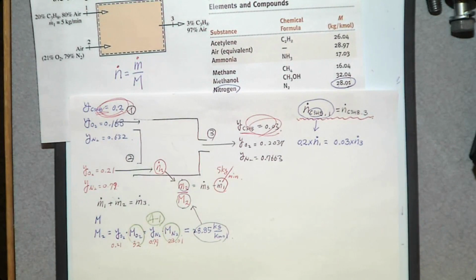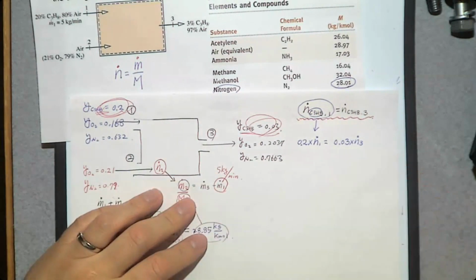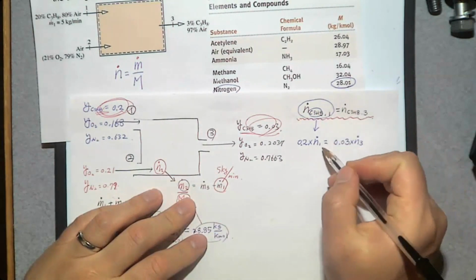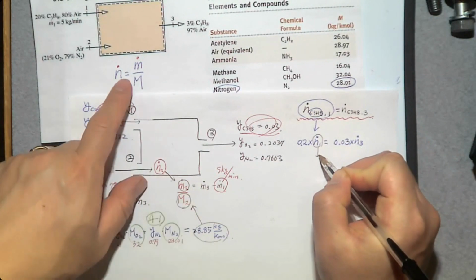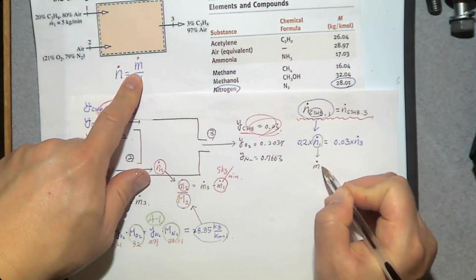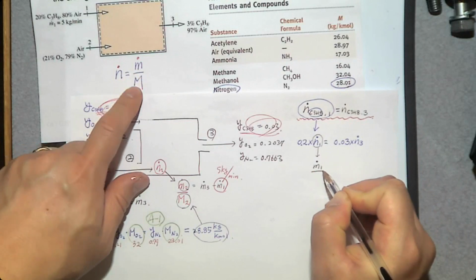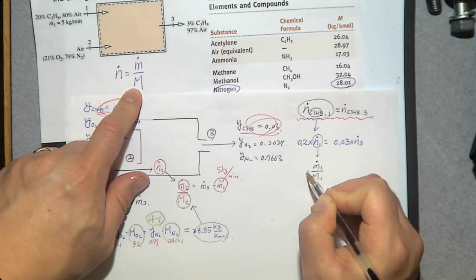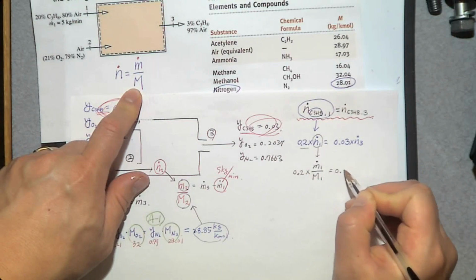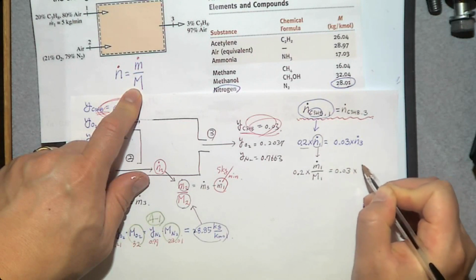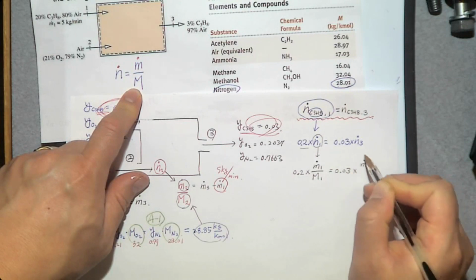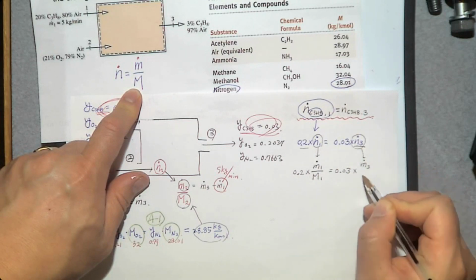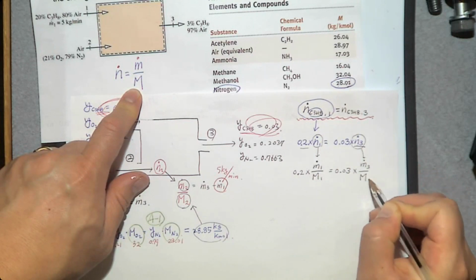N is m over M. So instead of n dot, we can say m dot 1 divided by molecular weight number 1 times 0.2 is the same as 0.03 times m dot number 3, divided by the molecular weight at the exit.